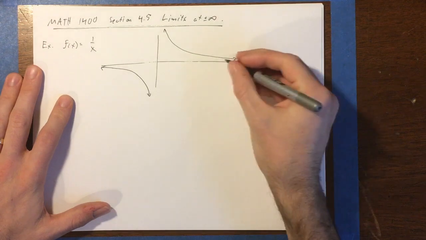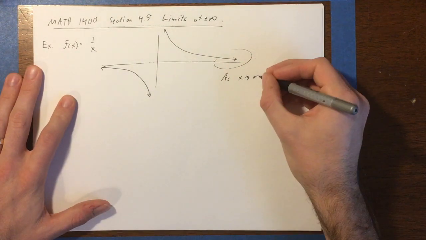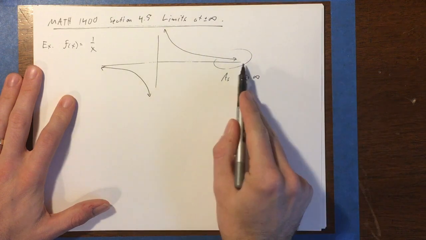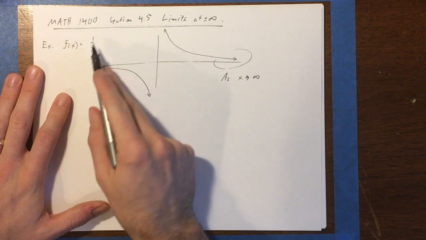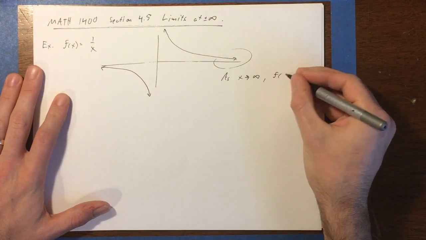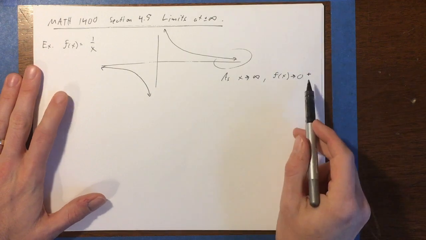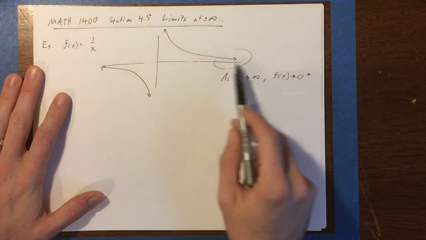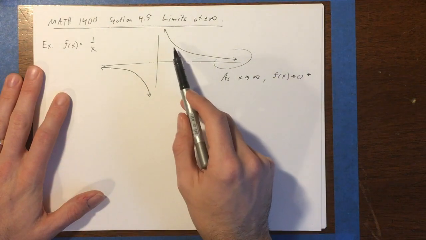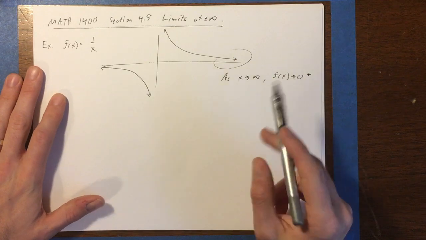If we look at what's happening over here on the right, we see as x approaches infinity, as x values get bigger and bigger, we're dividing by larger and larger numbers. So the output of the function, f of x, is approaching 0. And in particular, it approaches from above, from the positive side, from larger and larger numbers, which is why we see the curve coming down towards 0 from above. That's why I put the plus there.